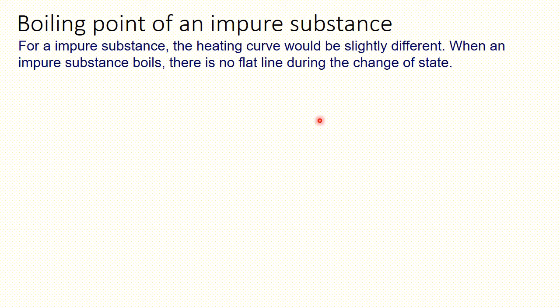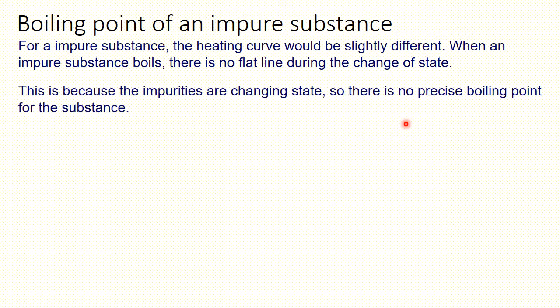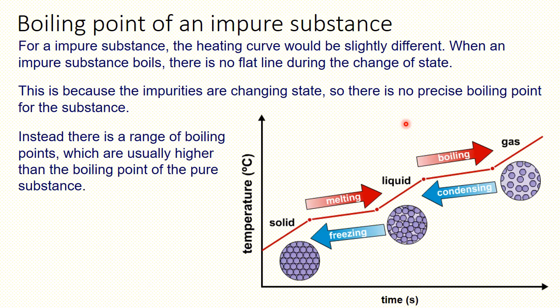For impure substances, those heating curves will look slightly different because there will be no flat line. There will instead be a range over which the substance will melt or boil or freeze or condense.